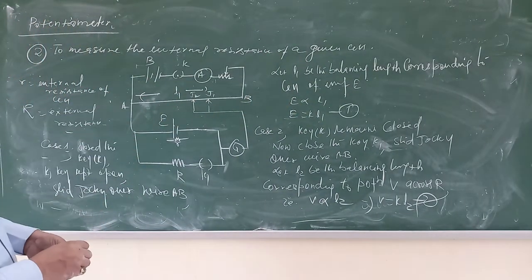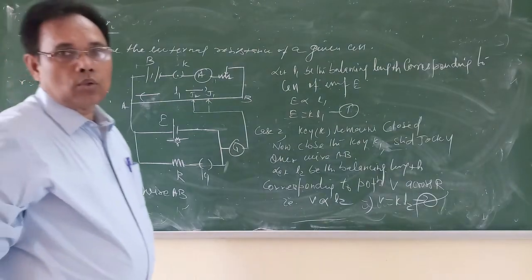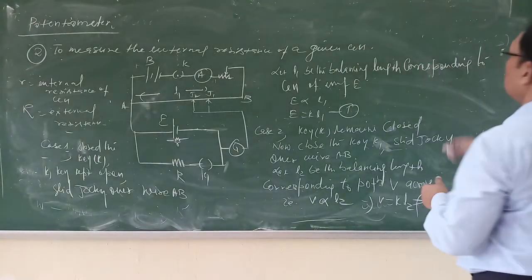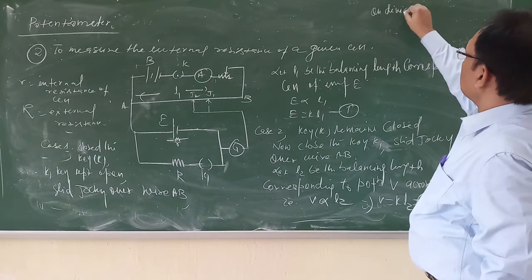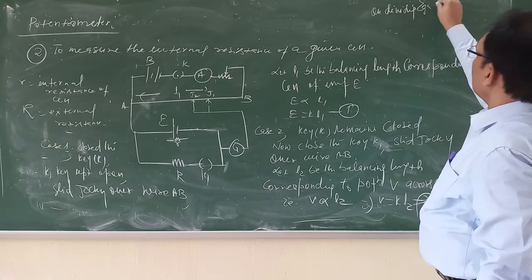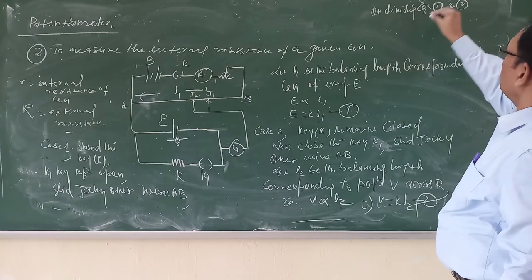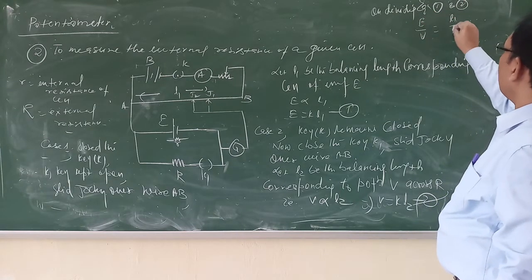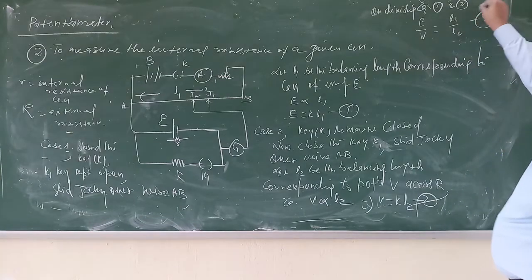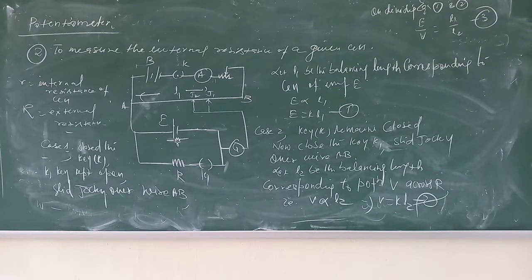Now divide equation 1 and 2. On dividing equation 1 and 2, we will get E by V equal to L1 by L2. This is equation number 3.